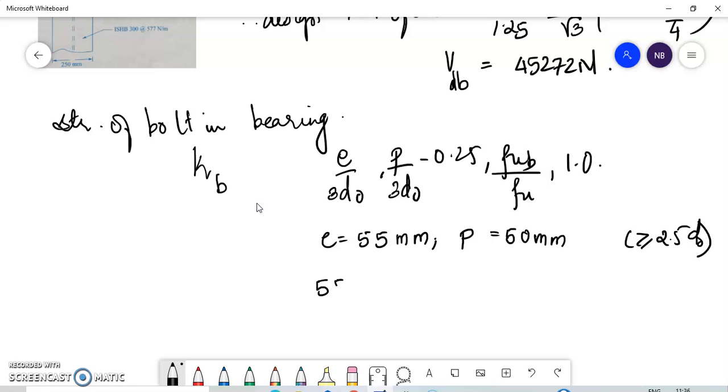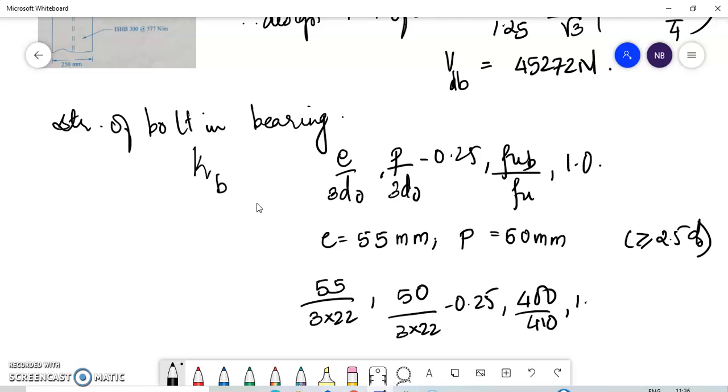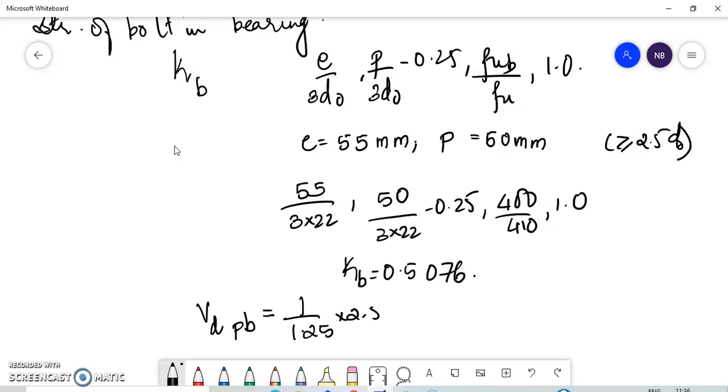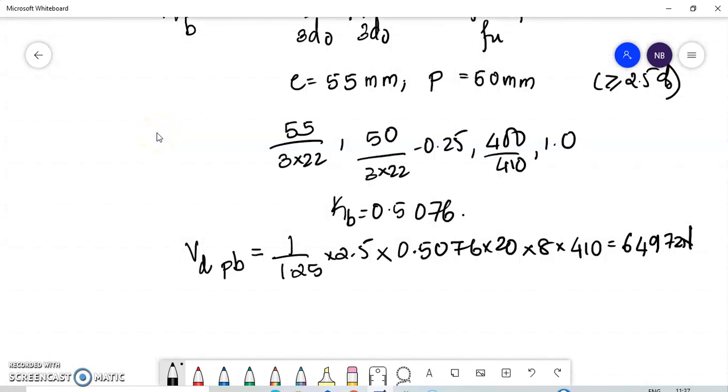Substituting all these values, the minimum works out to be 0.5076, and the design strength of the bolt in bearing is found out using this formula. Again, we find out that due to the shear it was lesser.